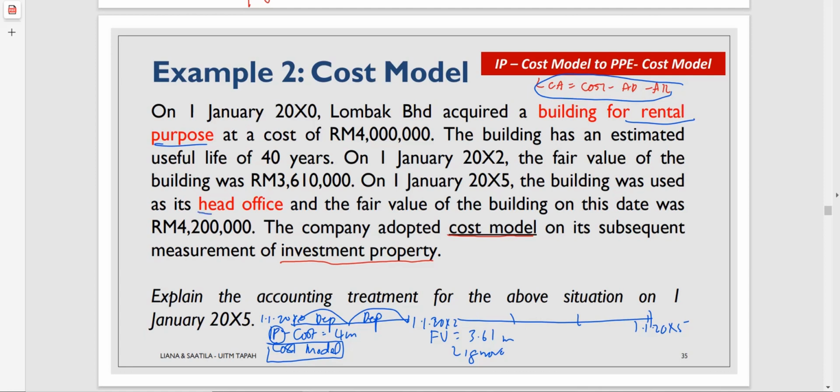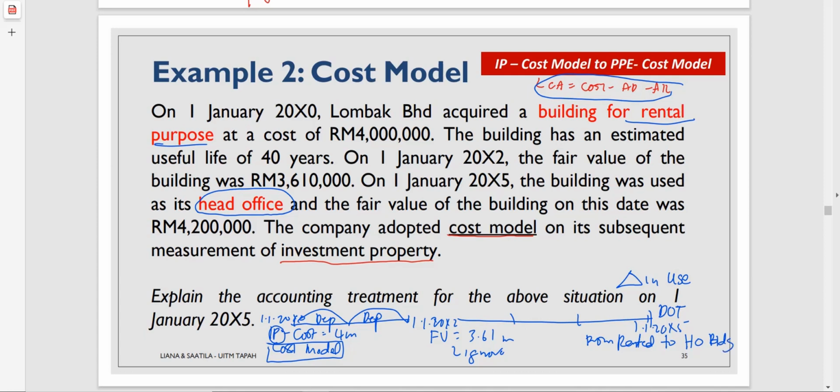And later on 1st of January X5, which is here, you have the information that the building that was held for rental is now being used as head office. So here is the date of transfer, DOT. Here is where you have the change in use. Change in use is from a rented building to HO building.